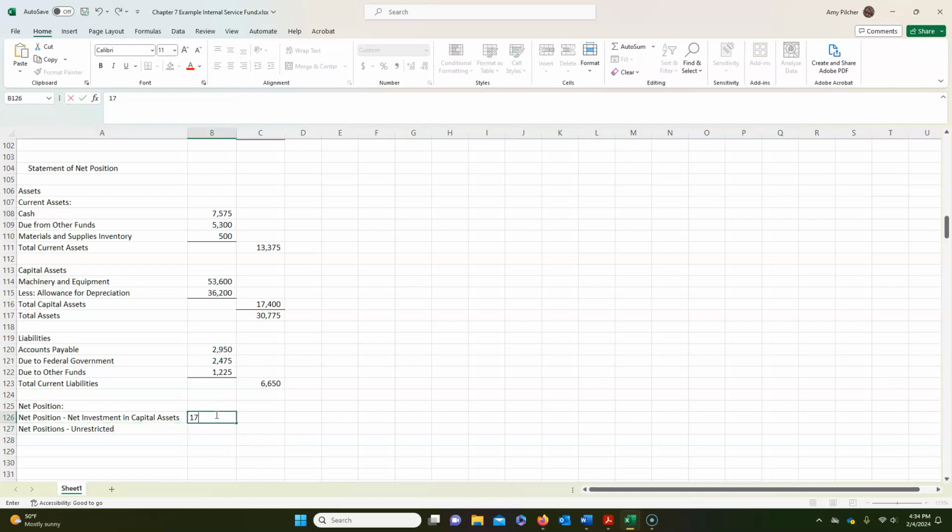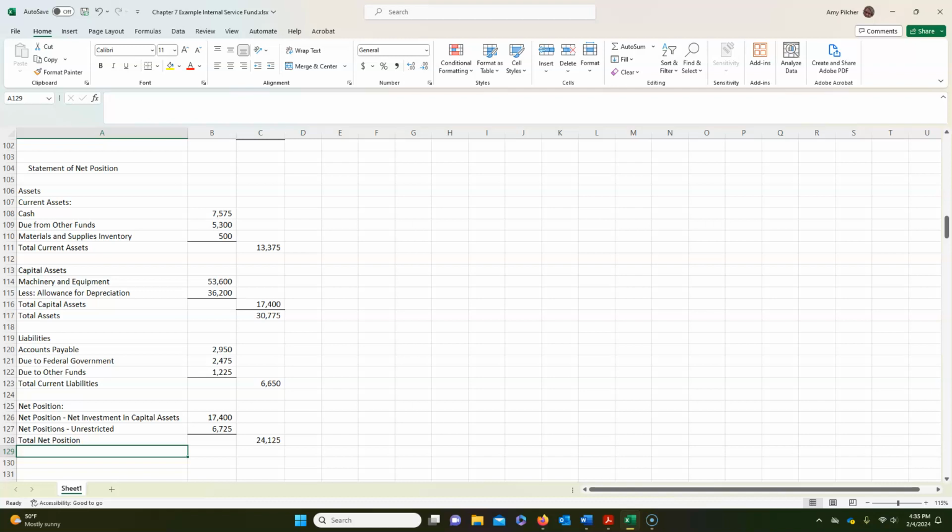Okay, so we have $17,400 in capital assets and $6,725 in unrestricted. Okay, which is our total net position.